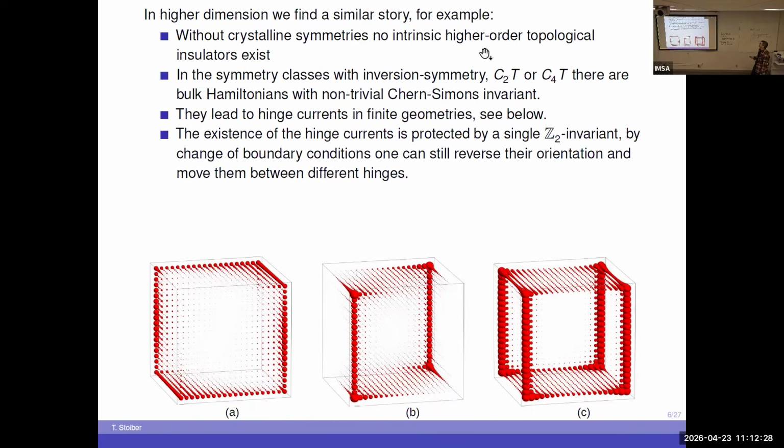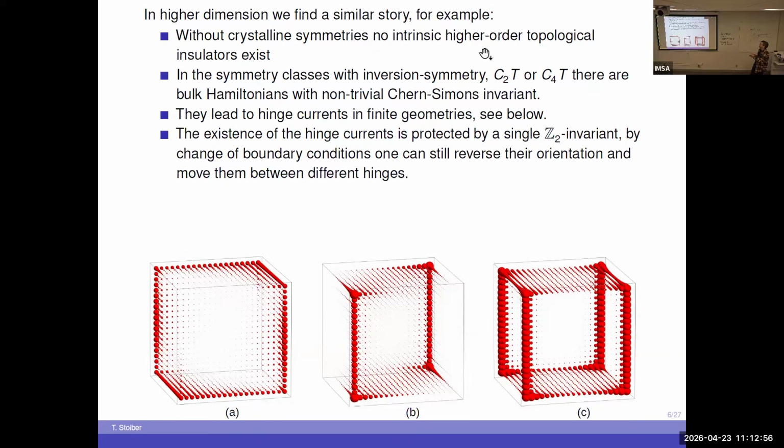If we don't impose at least some kind of crystal symmetry, we don't really have intrinsic higher order topological insulators. Everything that we get, which has hinge modes or corner modes, is just decorated trivial insulators, basically up to some sort of homotopy equivalence. But if we impose a symmetry, then we get the same kinds of symmetry constraints, that we can't just haphazardly add boundary layers.